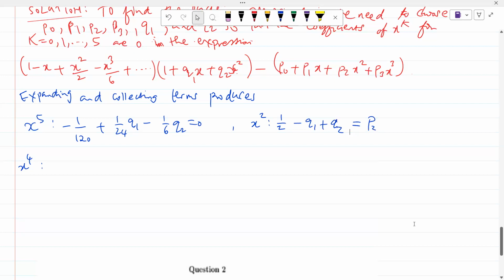This one is going to be 1 over 24, minus 1 over 6 p1 plus 1/2 equals... Okay, I need to change this one.